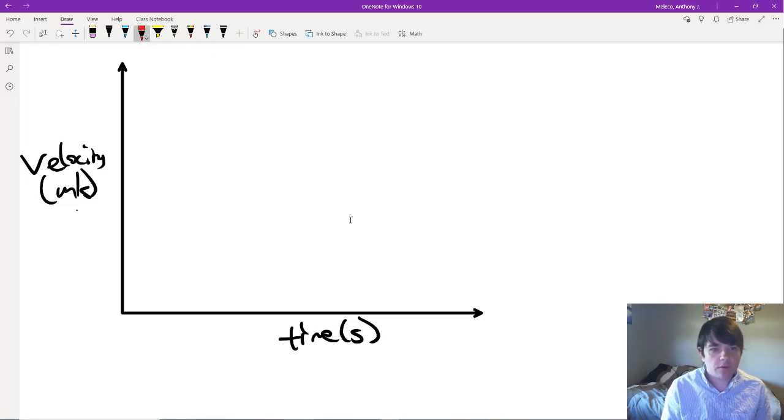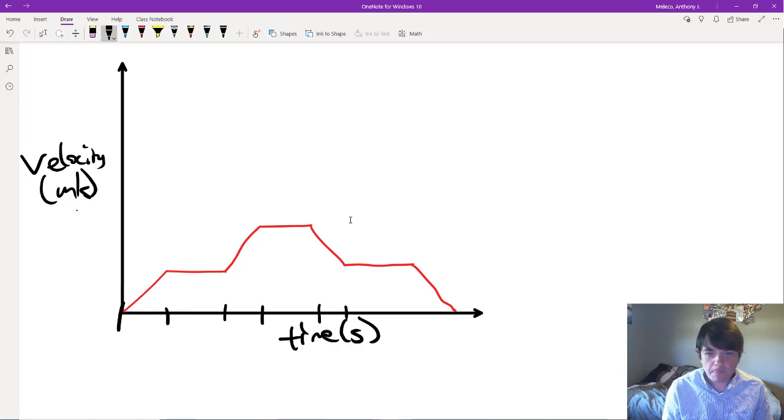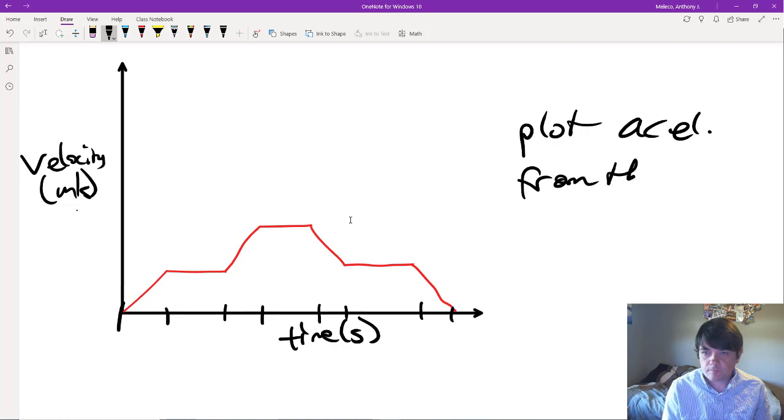So let's go ahead and I'm going to come up with some random thing here. Okay, so here's some object over some time, and it's changing position. And we want to plot acceleration.